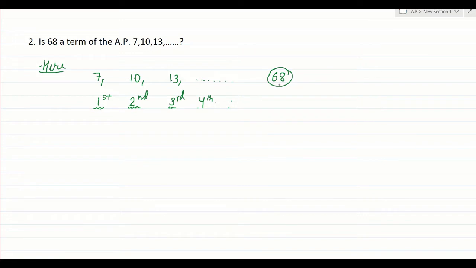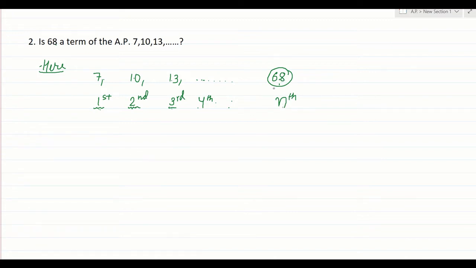So if 68 is a term of this AP, then its position must also be given by a natural number. So we'll suppose the position of 68 be n, that is, we'll consider the nth term to be 68.